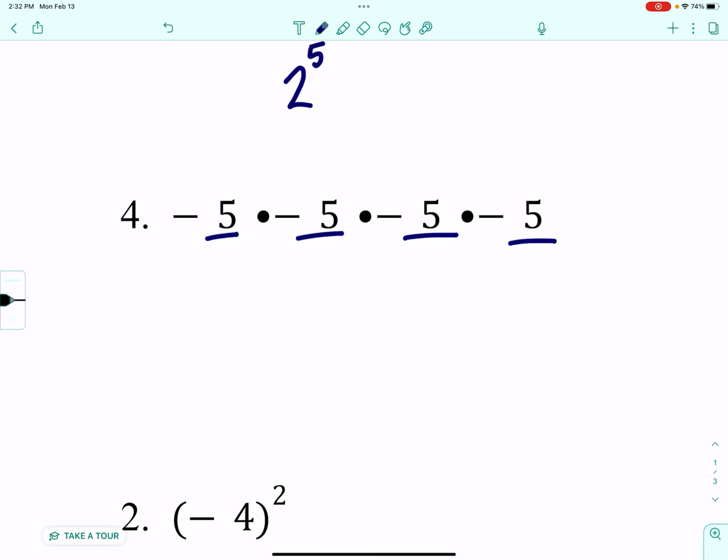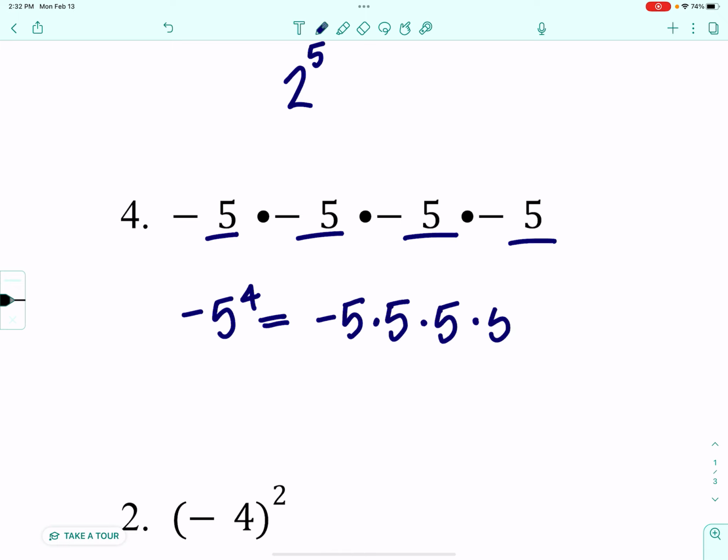When we try to write that in exponential form, what that means is write -5, but the 5 is the only thing that repeats 4 times, not the negative. What you want is to glue that negative to the 5.